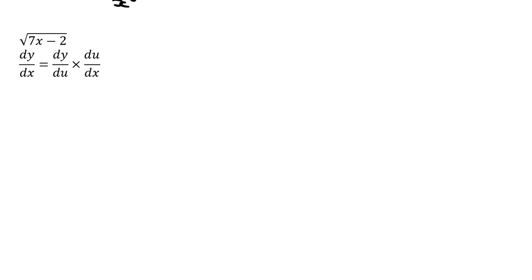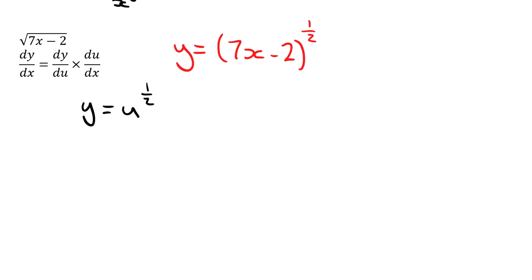Next, we have an example of using the chain rule. I like to show y equals 7x minus 2 to the power of a half. Remember, a square root sign is a half, a cube root sign is 1 over 3, etc. We let our bracketed area equal u. So we'll start with y equals u to the power of a half, and u equals 7x minus 2.